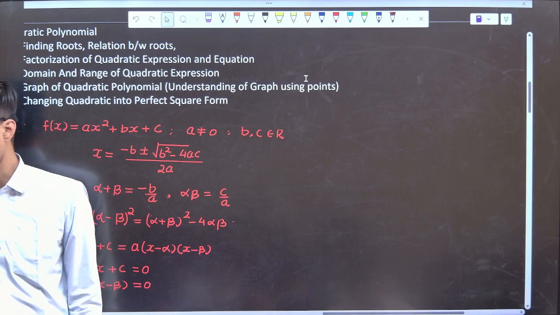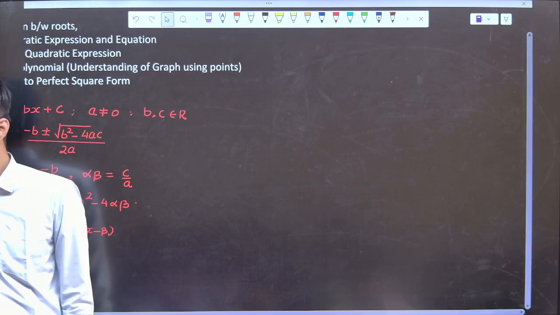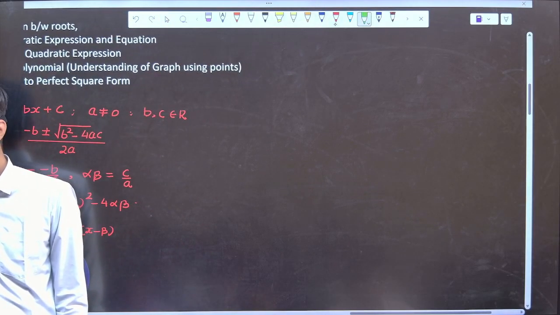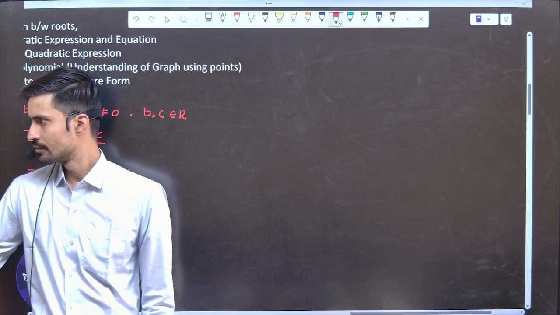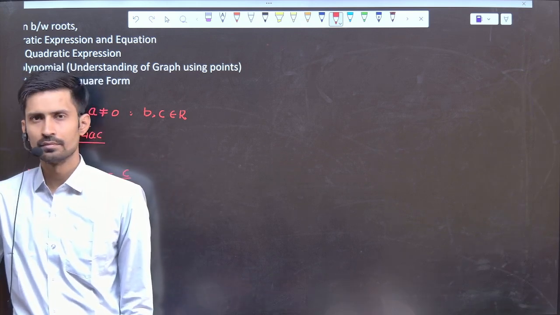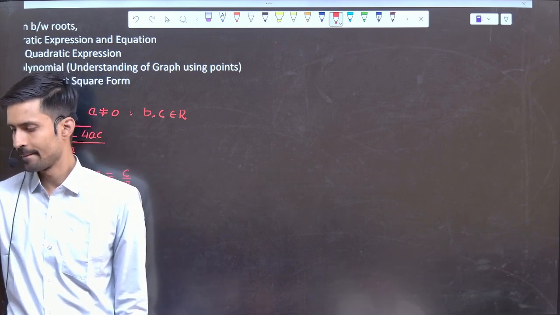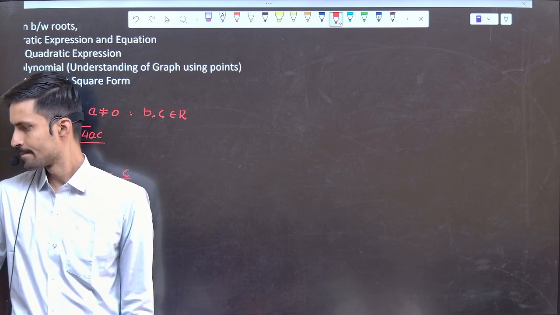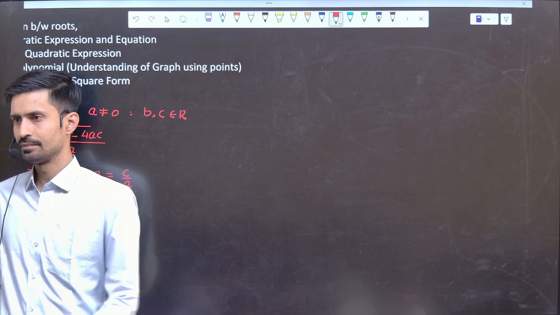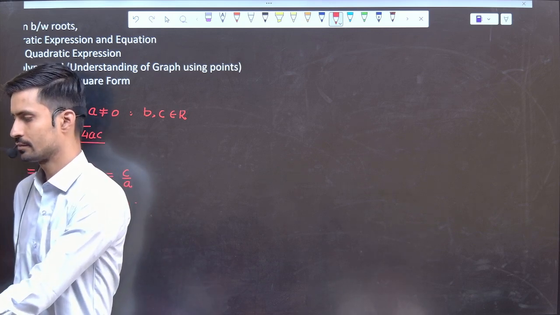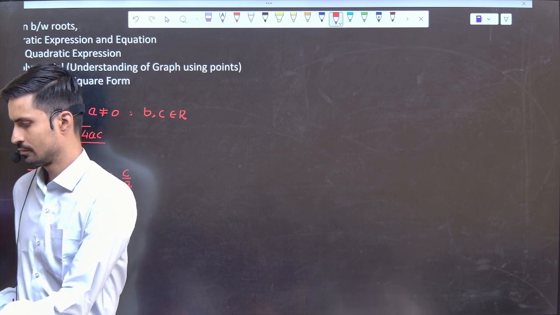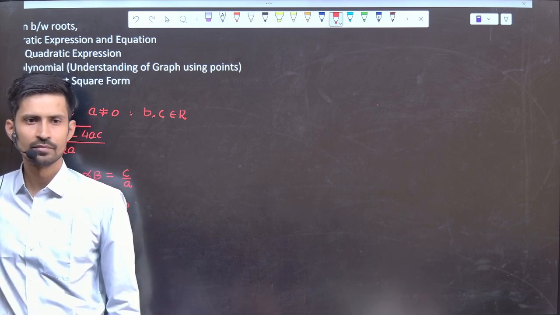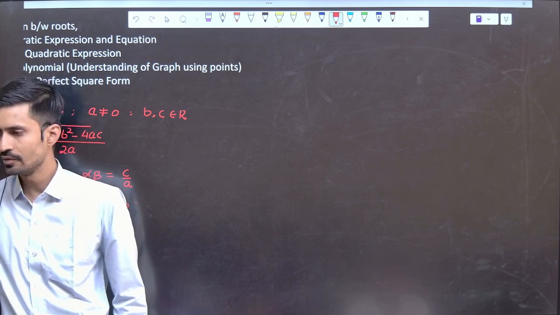Find range of x square plus x plus 1. Okay. What is the question? Find range of.